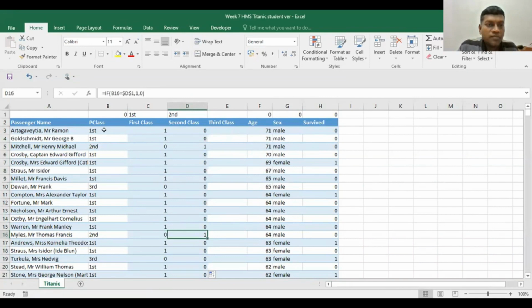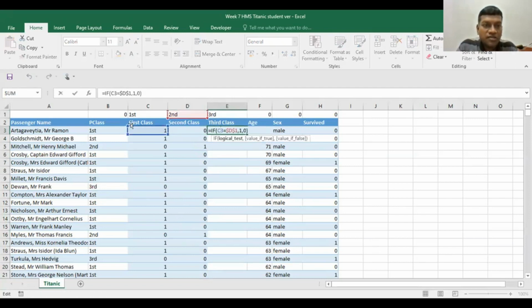Okay. So third, Control C, Control V, and I'm just copying this formula, ensuring that the cells point to the correct references. Okay, cell referencing.